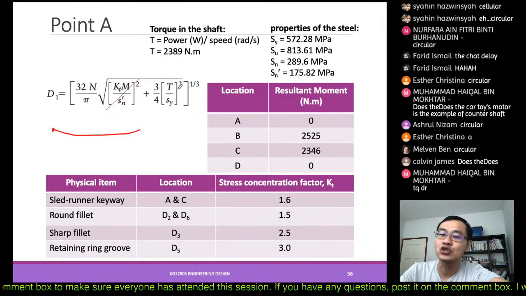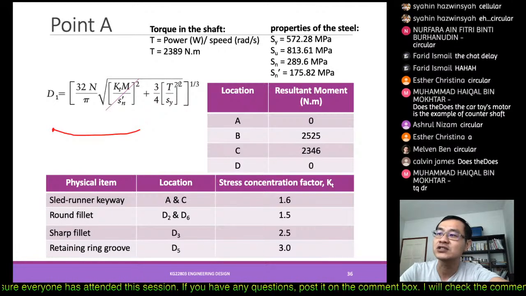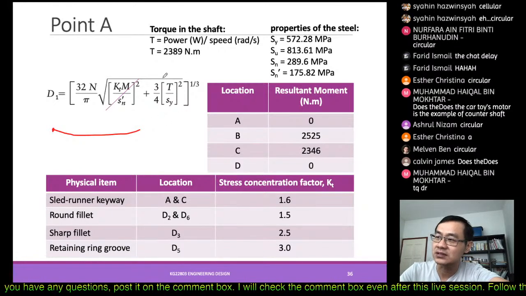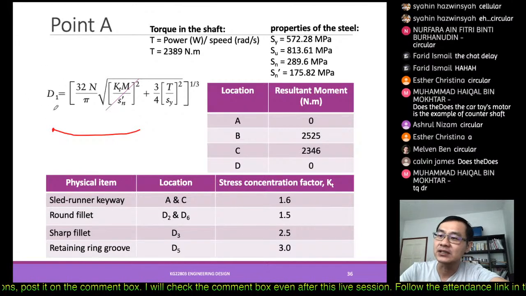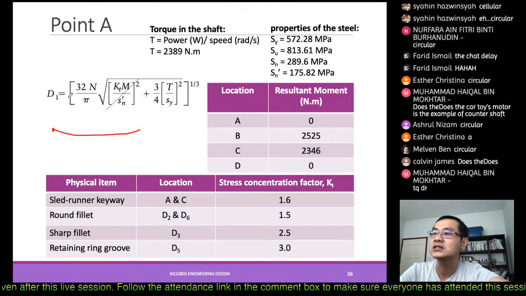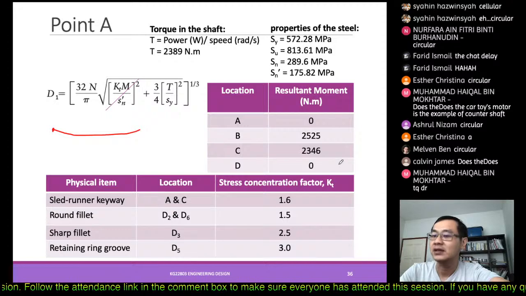It's purely due to the tension, so whatever stress is due to tension will determine our diameter for point A. You just put in all the parameter values here and you will get D1.